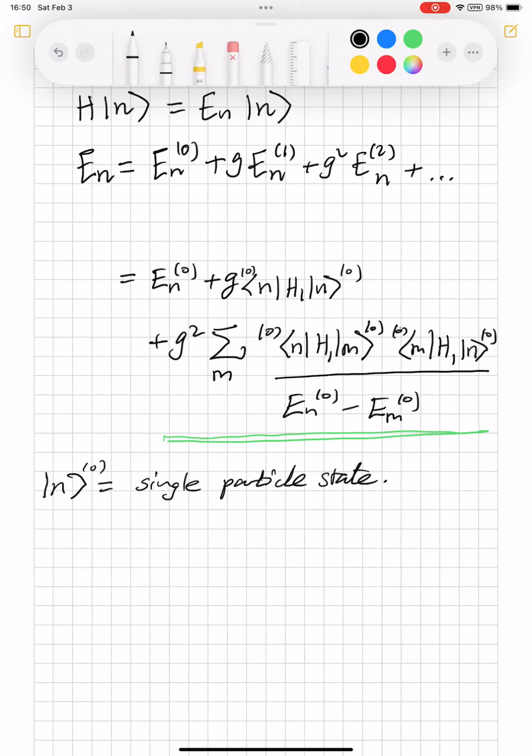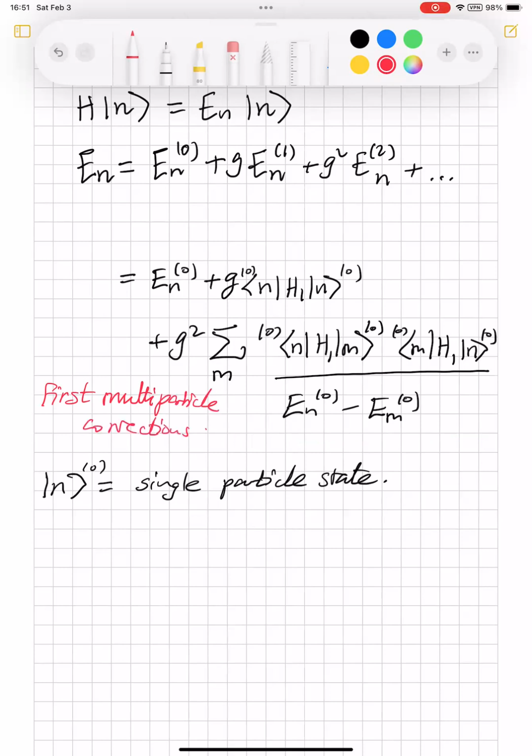The state M that I transition to could be any state in the theory, and in particular, it could be a multiparticle state. So the reason why we had to go to second order is that the second order term includes the first multiparticle corrections.